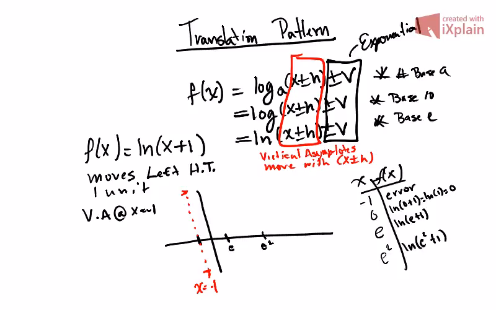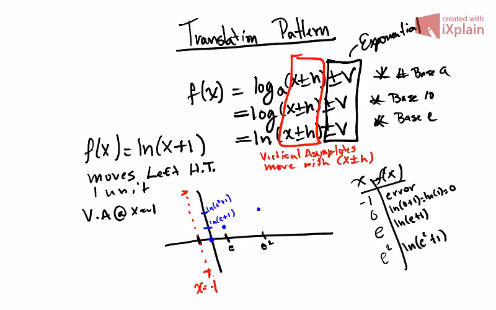So at 0, I have the natural log of 1, which is right there. At e, I have the natural log of e plus 1, some number, which is going to be right there. And then I have another number over here, the natural log of e squared plus 1, which is going to be right here.